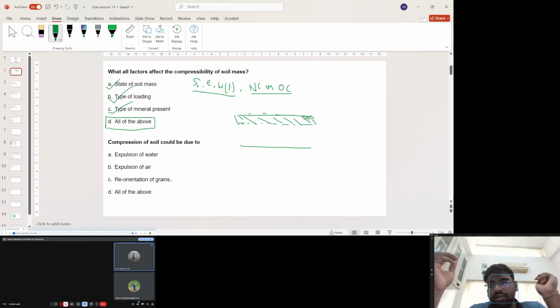And second possibility of compression due to reorientation of grains is during secondary consolidation, which is the primary characteristic of secondary consolidation, as well as if you have some organic content which is getting decomposed. In those cases, the voids that are present will get changed, which in turn results in reorientation of the grains. All right. So the compression of the soil eventually could include all the three options.